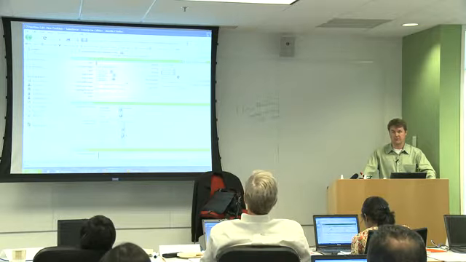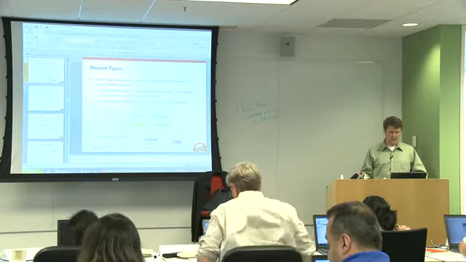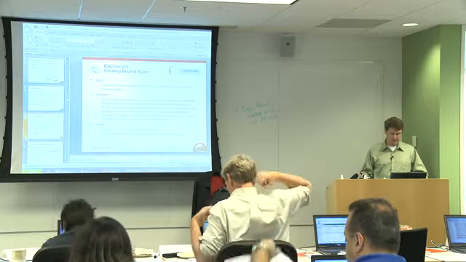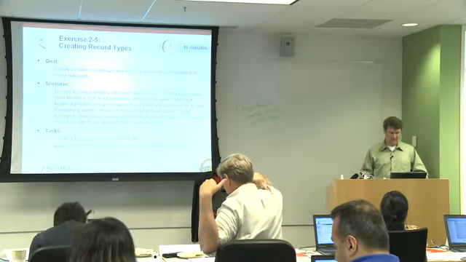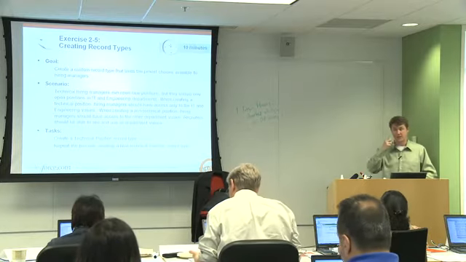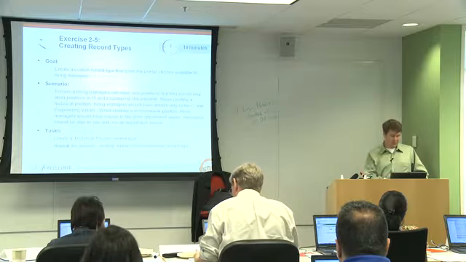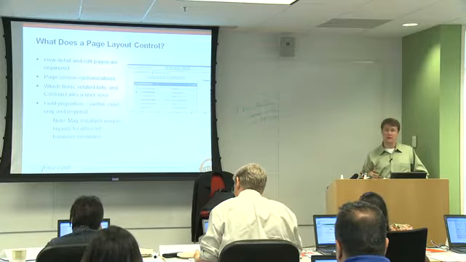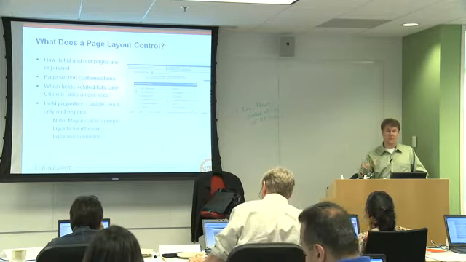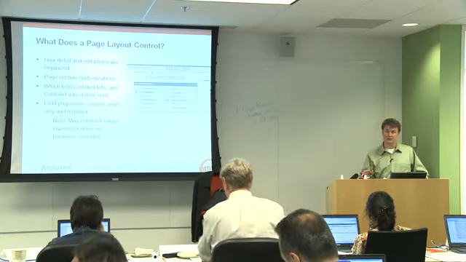Let's do some lab exercises. All right, so in the lab exercises, you're going to create some record types. Let's just do a bunch of lab exercise time. In fact, we'll also schedule in a short break here. You're going to create your record types. You're also going to customize some page layouts so that we display the technical information in one case and not display it in another.